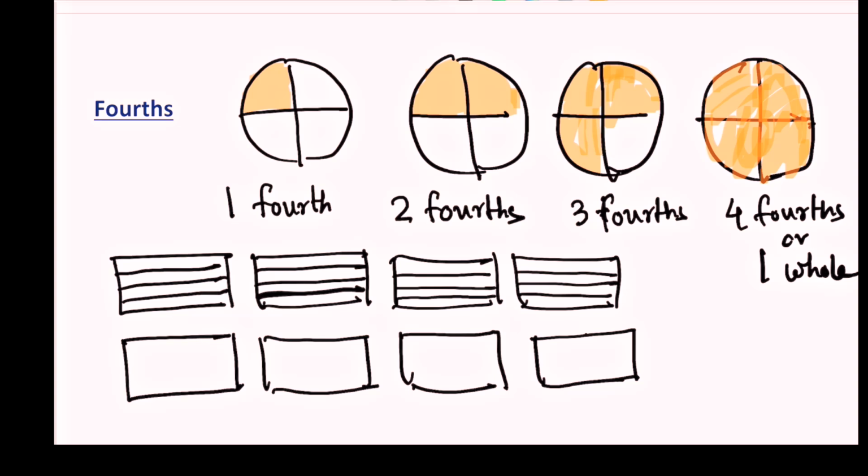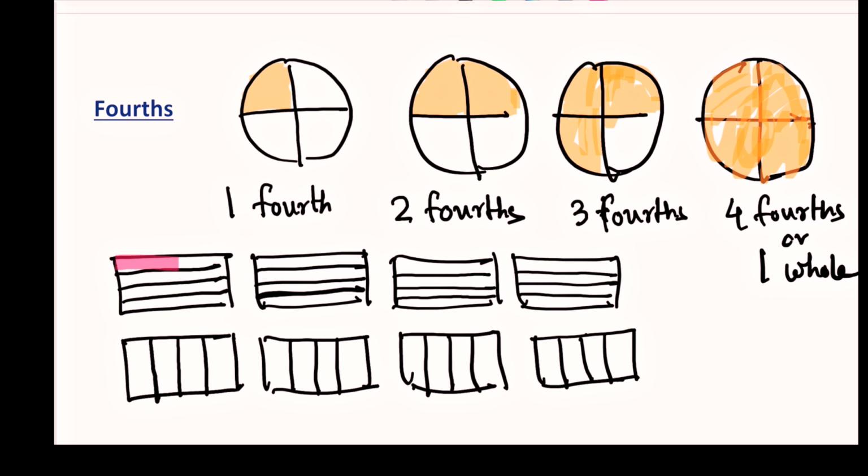For the second row, I am dividing each rectangle into four equal parts by making vertical lines. If I make three vertical lines for each rectangle, then each rectangle is divided into four equal parts.